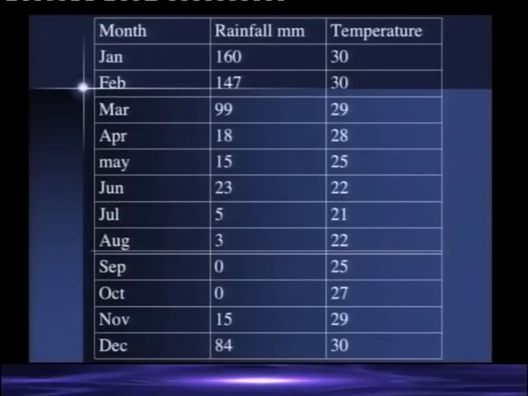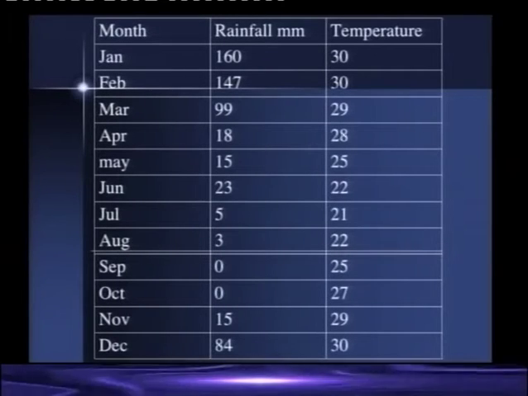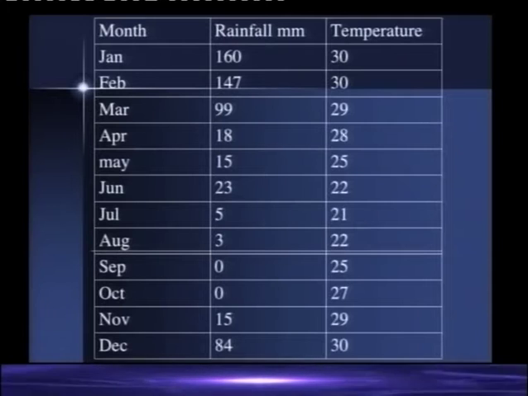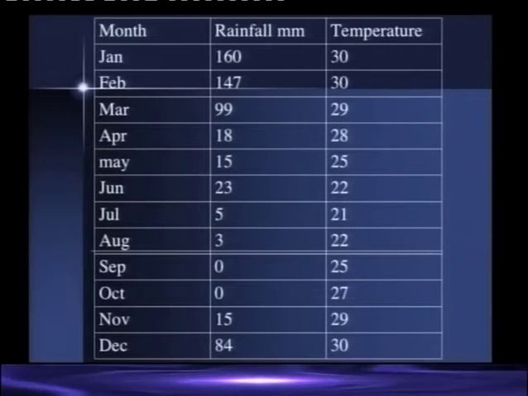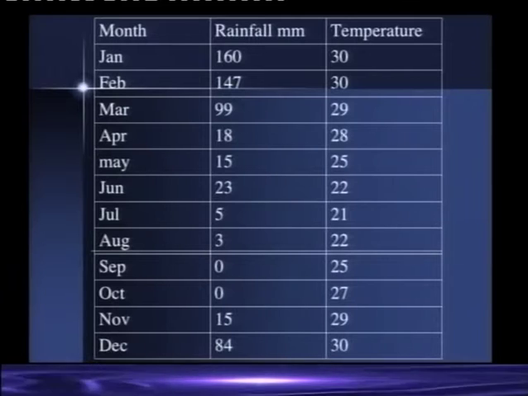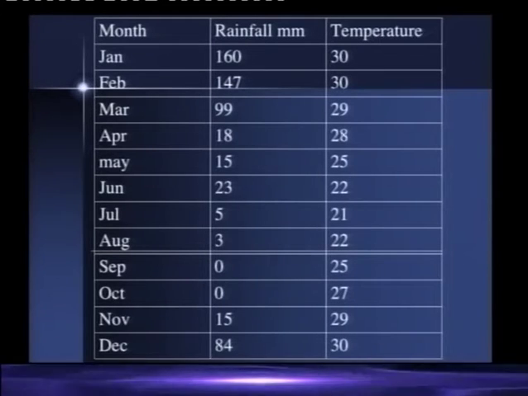Who's not concentrating, please? Again, the data shows the rainfall measurements and the temperature readings for a place in Western Australia called Broome, B-R-O-O-M-E.